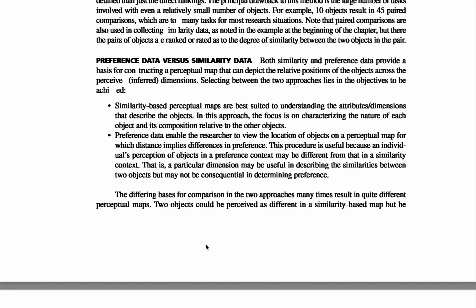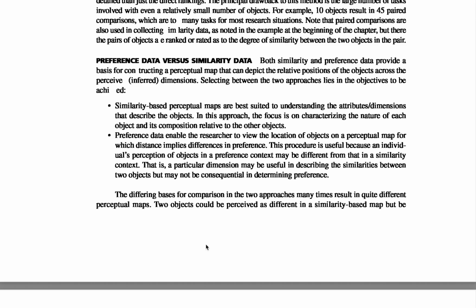Preference data enable the researcher to review the location of objects on the perceptual map for which distance implies differences in preference. This procedure is useful because an individual's perception of objects in a preference context may be different from that in the similarities context. That is, a particular dimension may be useful in describing the dissimilarities between two objects but may not be consequential in determining preferences.